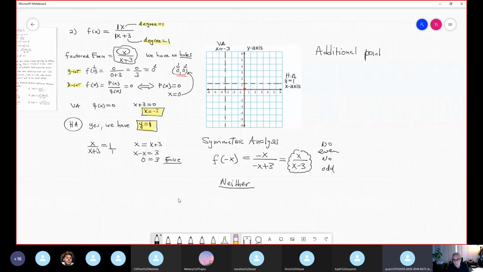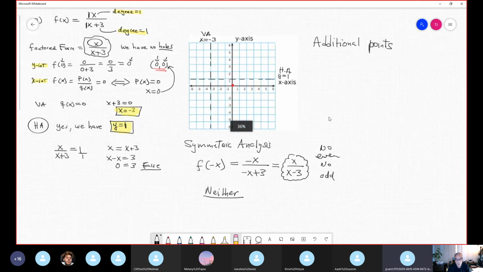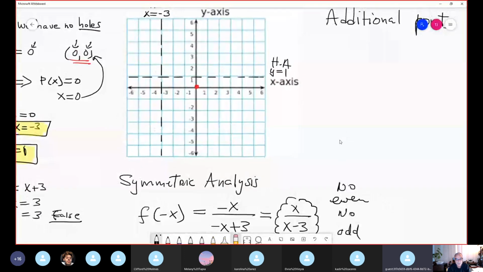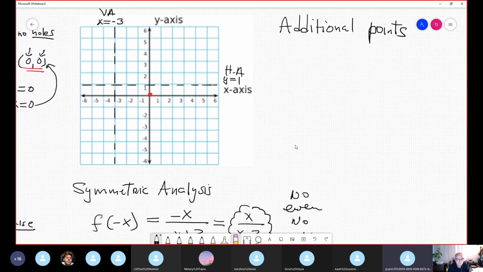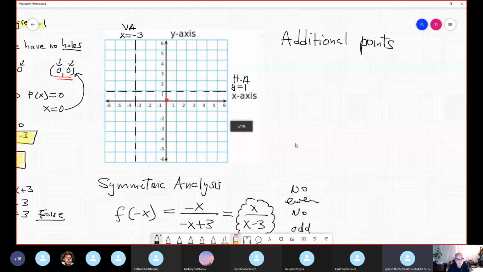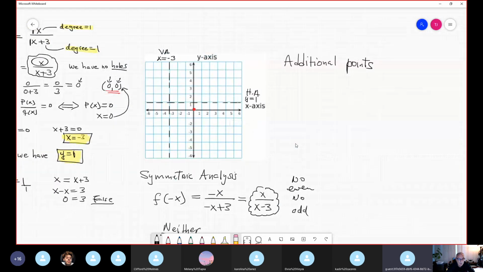For example, so far the only information we have is one point, in red color, and one vertical asymptote. And this helps me to split the number line, the x-axis, into 1, 2, and 3 intervals.